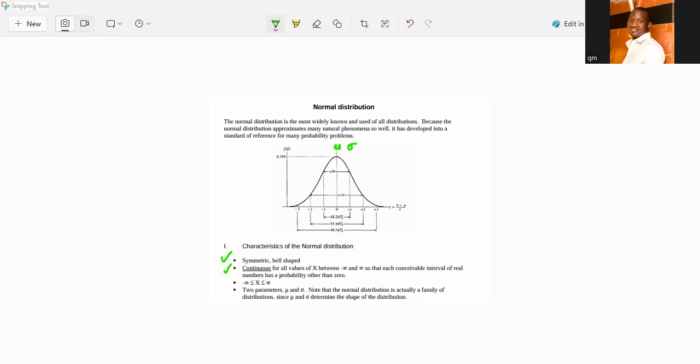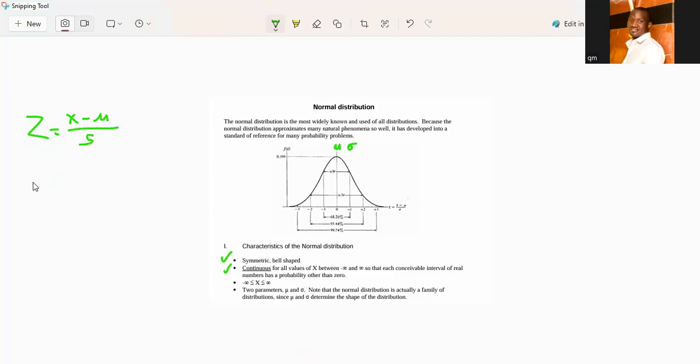To calculate the probability density function, it is given by a formula. It follows what we call the empirical rule: within one standard deviation is 68%, two standard deviations is 95%, and three standard deviations is 99.7%. We use the formula Z is equal to X minus mu over the standard deviation.